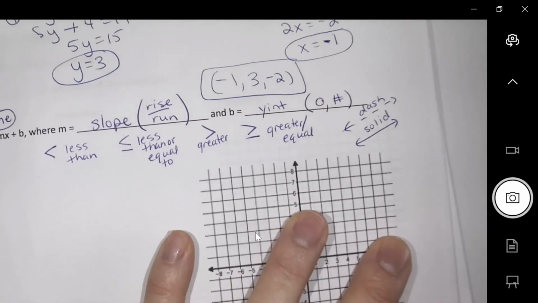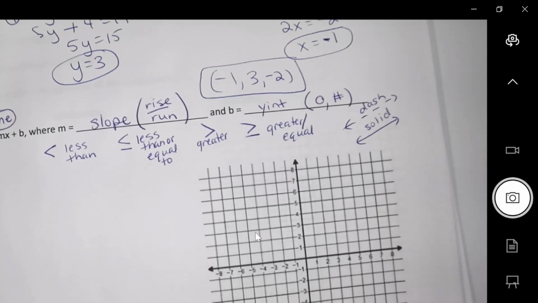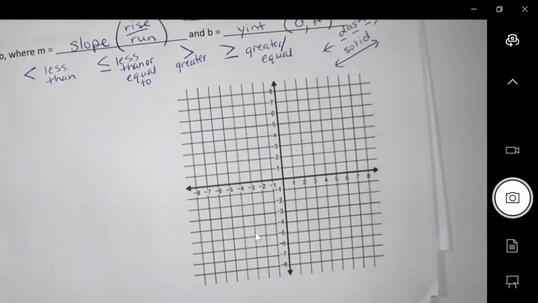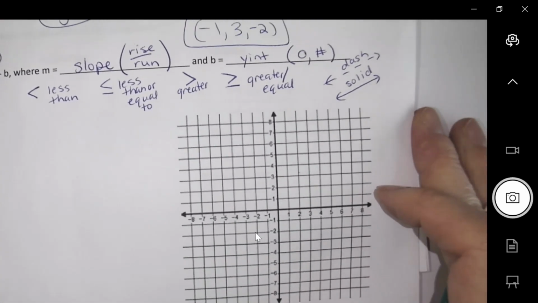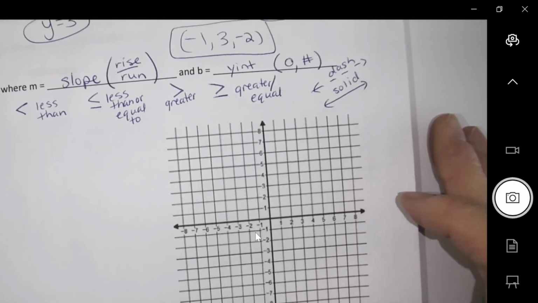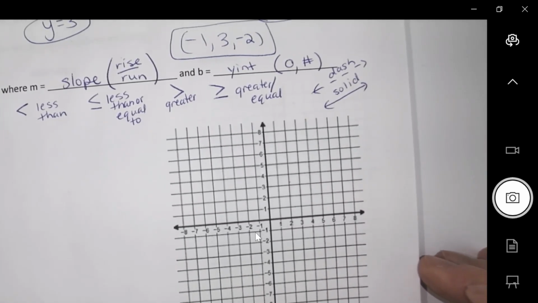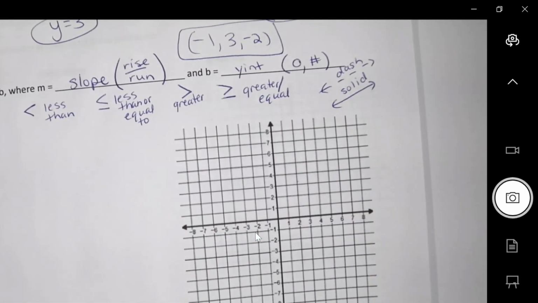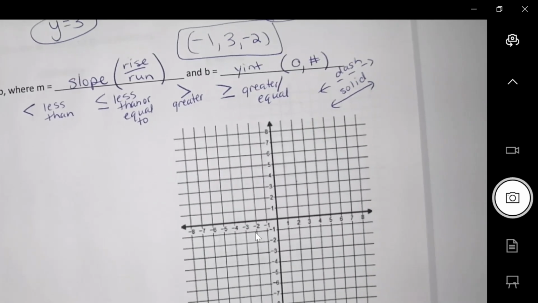These are your options. And when would I use which? The dashed line means you can't be on it, and the solid line means you could be on it. So how would I know out of these 4 symbols which ones I can't be on and which ones I could be on?